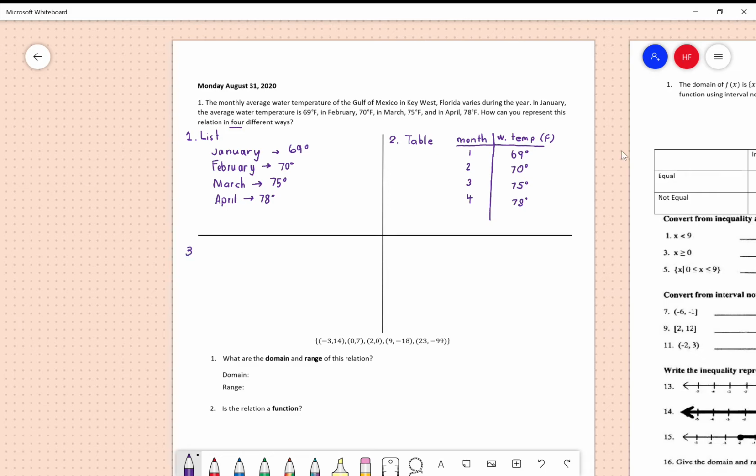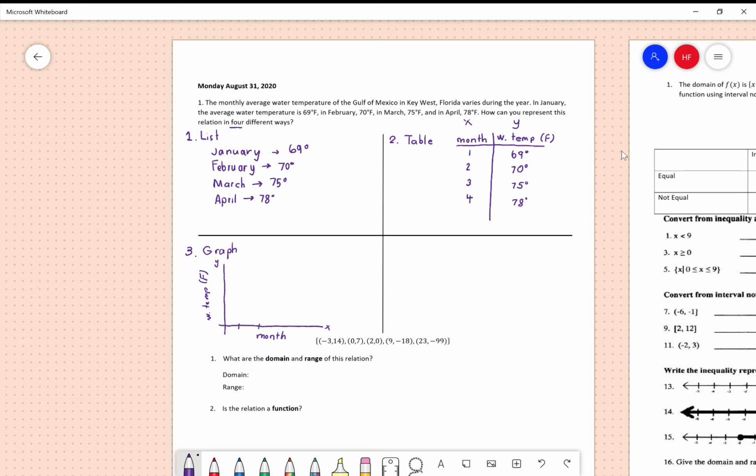From a table, it's easy to go to a graph. So for the graph, we're going to need to make sure that we have an x and a y axis. So we had an x and a y here, which were our input and our output. We're going to have an x and a y here. It's going to be our axis. So again, our months are the x, and then our water temperature in Fahrenheit is going to be our y. I'm not going to make a very accurate graph.